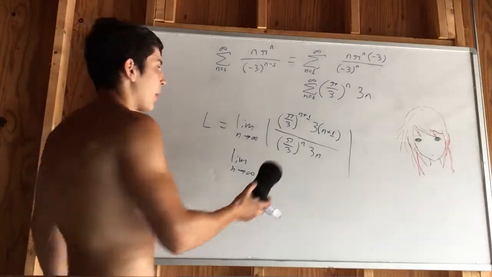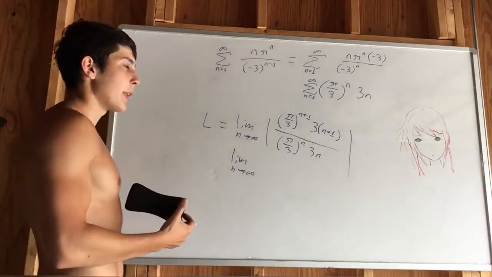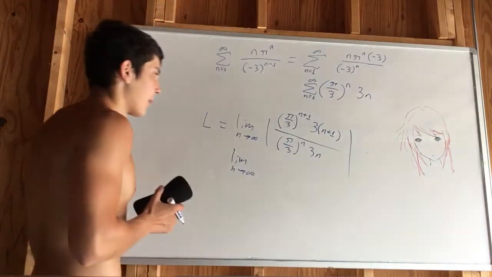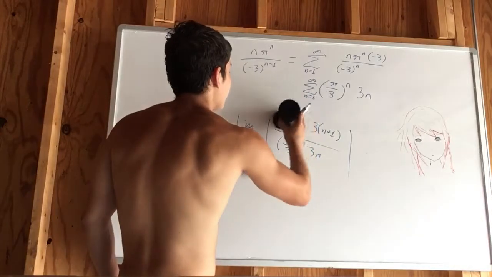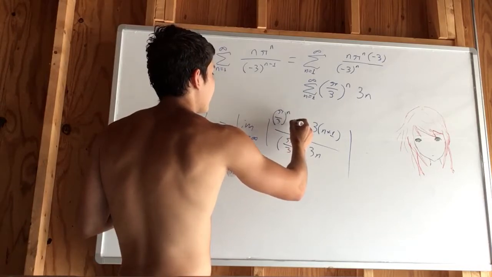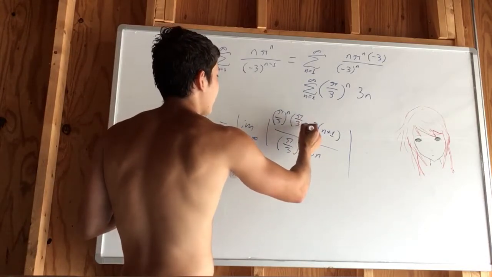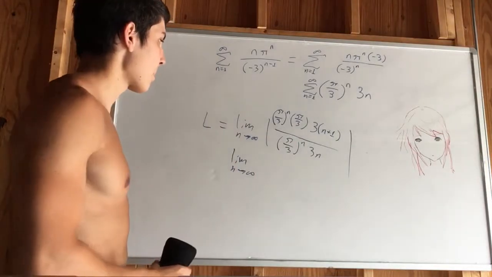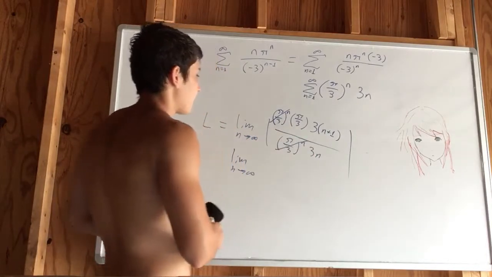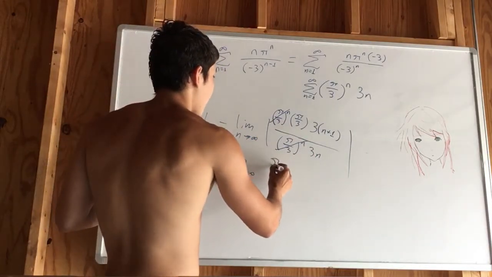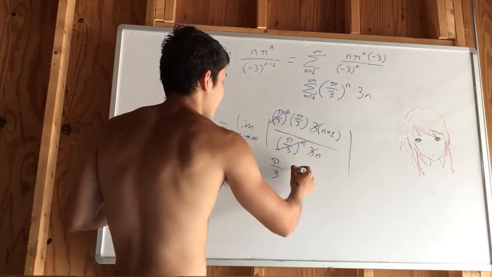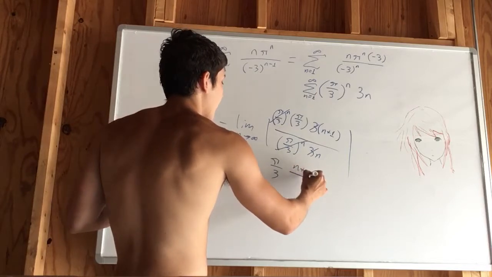This, again, by the exponent properties, is pi over 3 to the n times pi over 3 to the 1, which is just pi over 3. That means that these cancel out, and we're left with pi over 3, and we have these 3's canceling out, so we have n plus 1 over n.